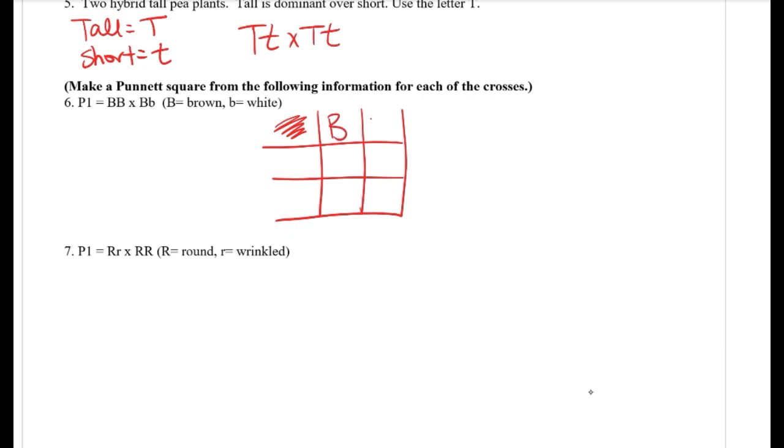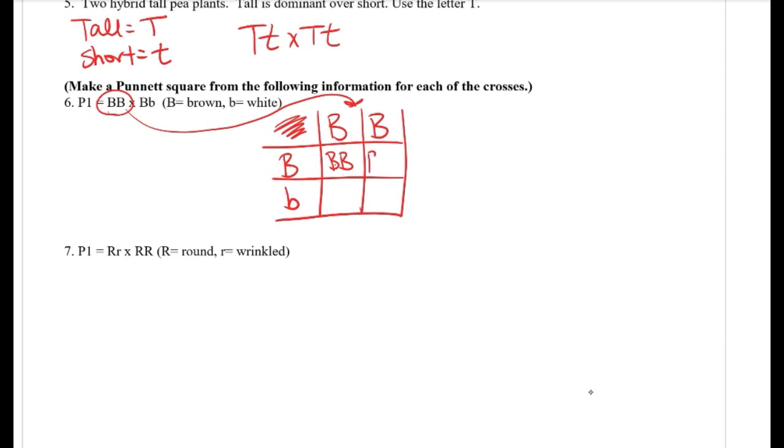So one allele from each parent goes in each open space. Okay? My second parent, again, one allele in each open space. To cross, I'm going to bring one down and one across. So I'm going to bring big B. So this B comes down, this B comes across.